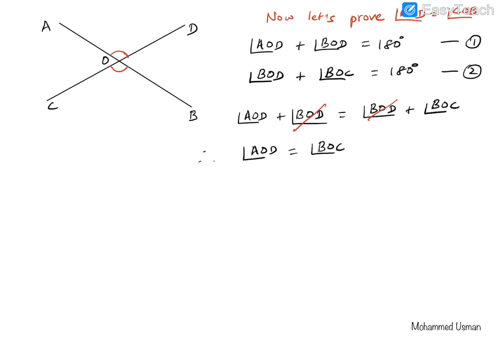Hence this is proved, and we say that the theorem is proved. When we have two intersecting lines, the vertically opposite angles are equal, and we will use this fact when solving many different problems concerning lines and intersecting lines.